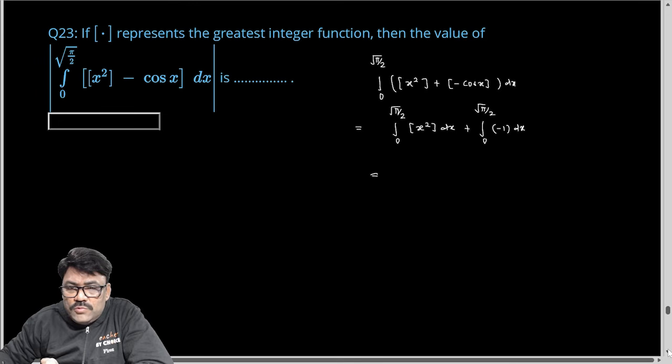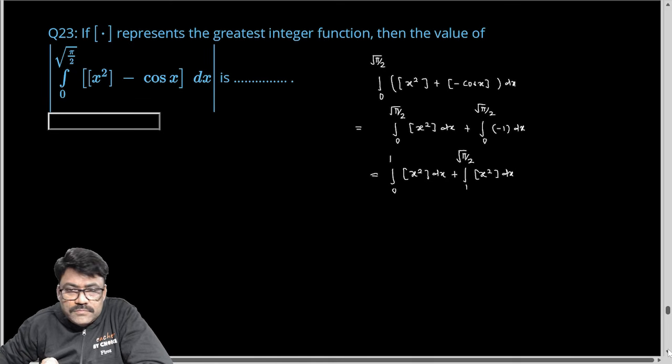Root pi by 2 is 1 point something, so I will break this at 1: 0 to 1, integral part of x square, and then 1 to root pi by 2, integral part of x square. Then minus dx, integration is x, 0 to root pi by 2.